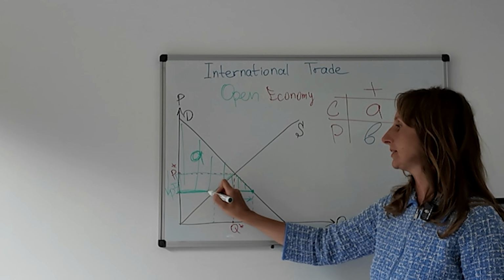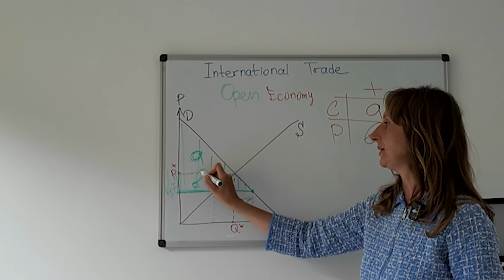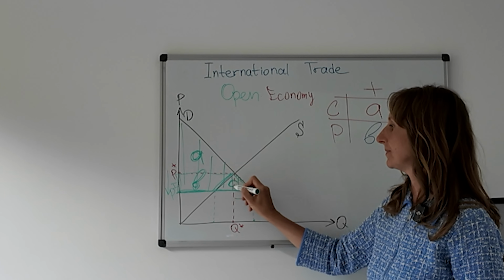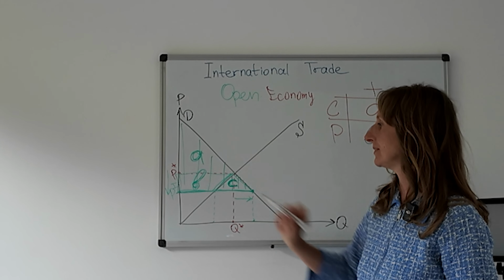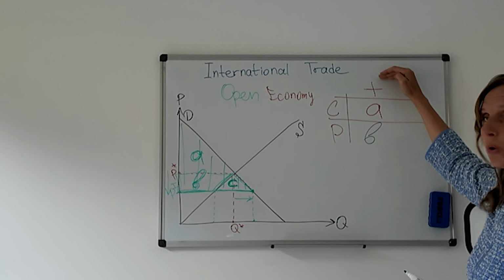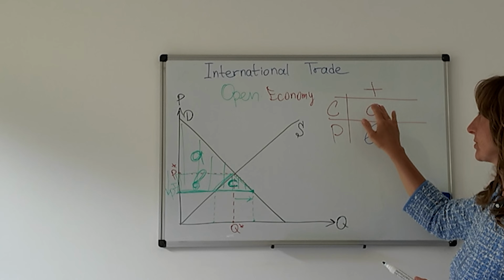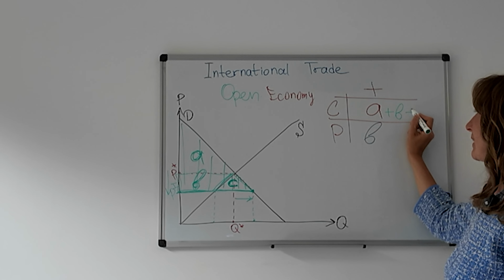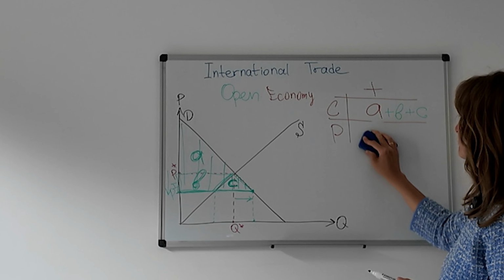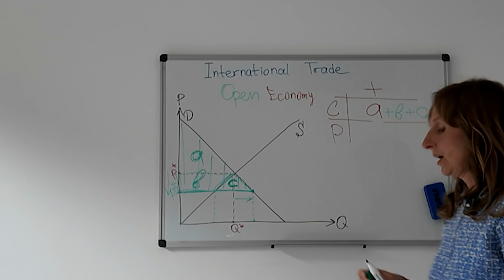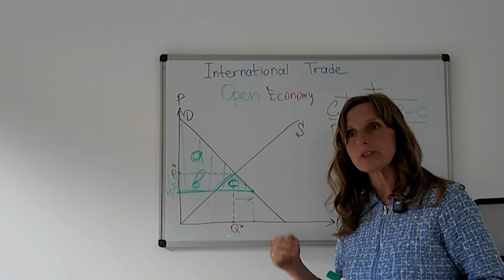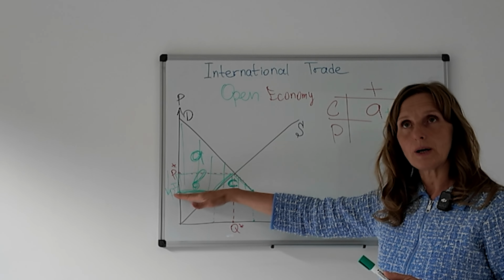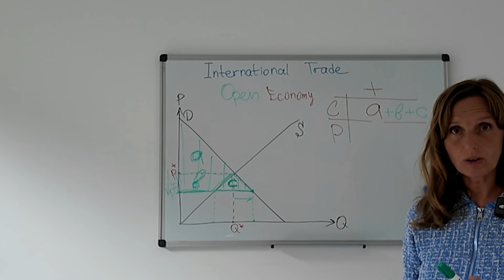This trapezoid, let's call it B, and this triangle, let's call it C. We say that in the open economy, the surplus of consumers will be not only A, but also B and C. So we can definitely say that consumers of the national economy gained due to the lower market price of the international economy.